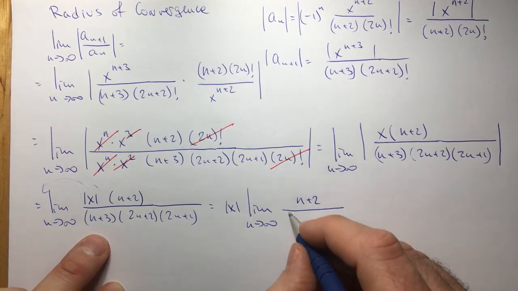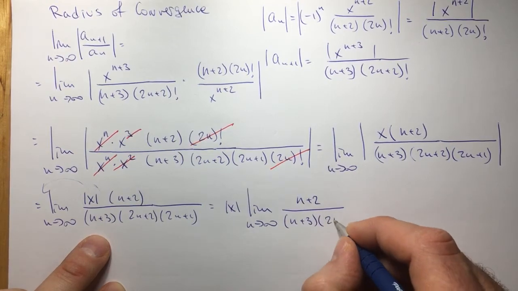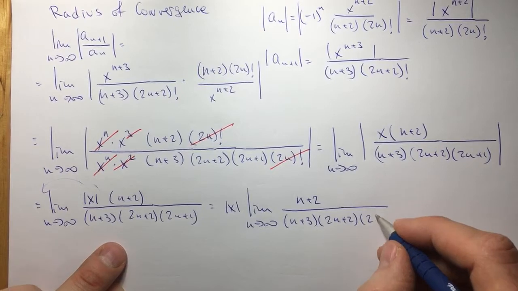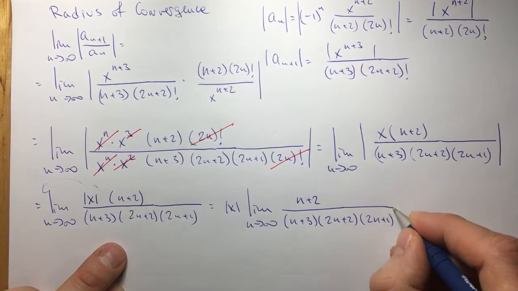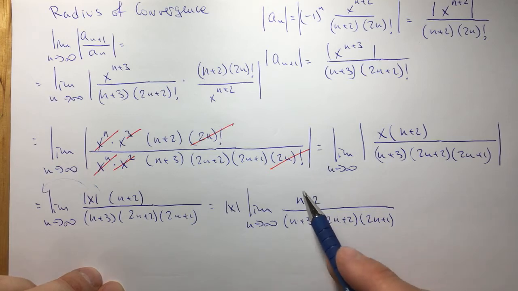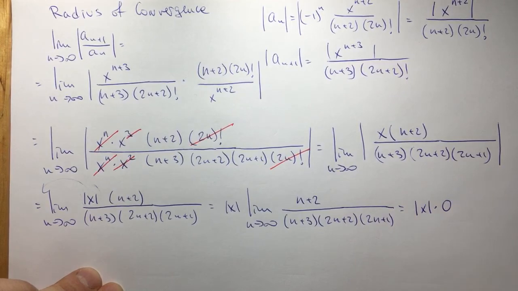In the denominator, I have a cubic polynomial in terms of n. The limit clearly is going to go to 0. Of course, if you want to do it step by step, you can factor n from here and cancel with n in the numerator. The numerator will then go to 1 and the denominator will go to infinity. The idea is that this limit will tend to 0.